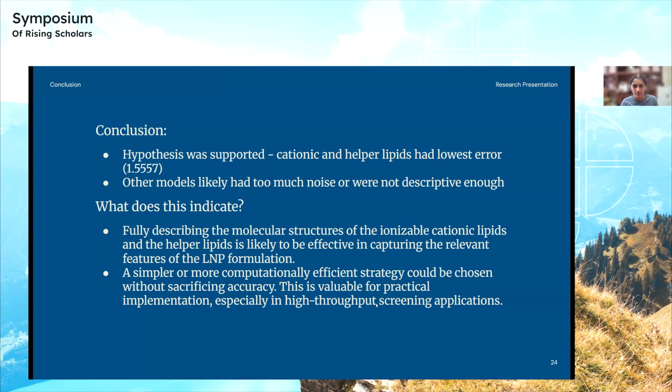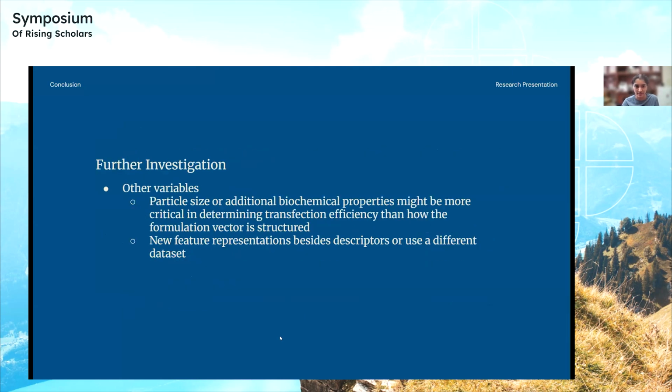So essentially, a simpler or more computationally efficient strategy could be used without sacrificing efficiency in the model prediction. And this is practical for developing new LNPs for different kinds of diseases or viruses, which will lead to LNP development that is much more efficient and quicker, which is really essential for pandemics and any types of disease such as COVID-19.